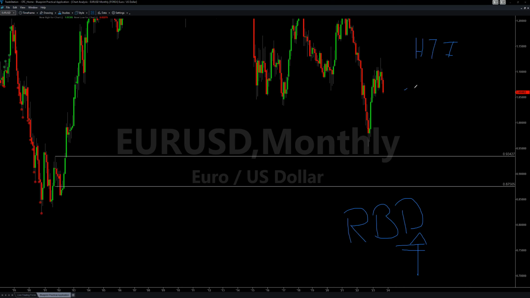We need first a decisive candle, right? Or of course an explosive one. We need this type of candle, and this should be abnormally bigger, right? Then we have a clear drop.